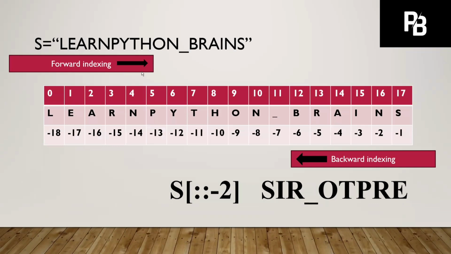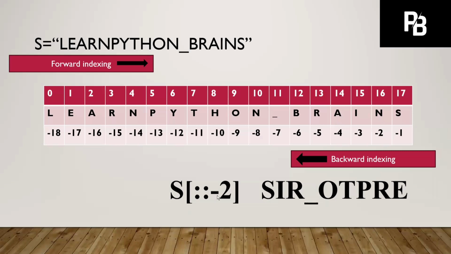Let's start with one example. This is my string, Learn Python Brains, and I divide that string into the indexing part. You can see this is my forward indexing and this is my backward indexing. From 0 to 17 is the forward indexing, and from -1 to -18 is the backward indexing.